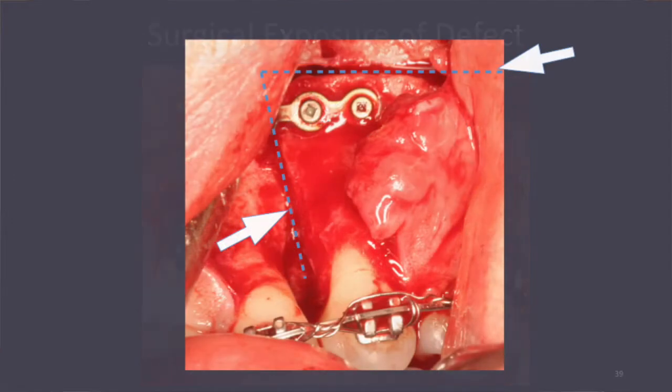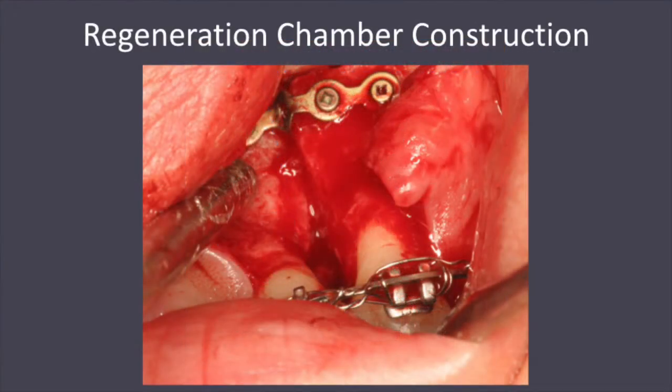So the osteotomy is performed through this limited access and the segment protracted, closing the space so that there is no gap in the dental arch, and then the segment is stabilized with a titanium bone plate and with the orthodontic appliance.